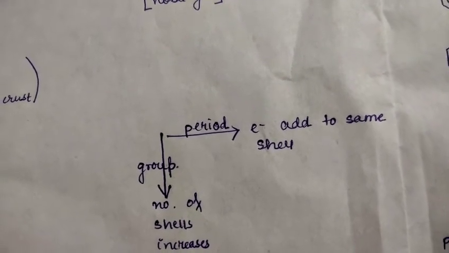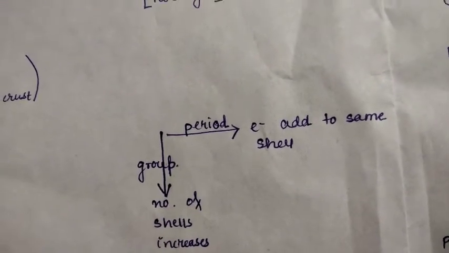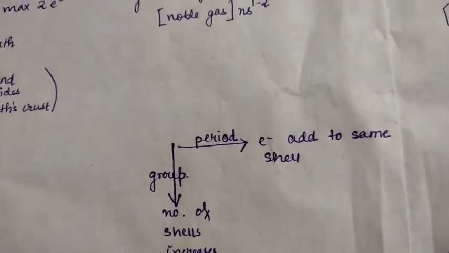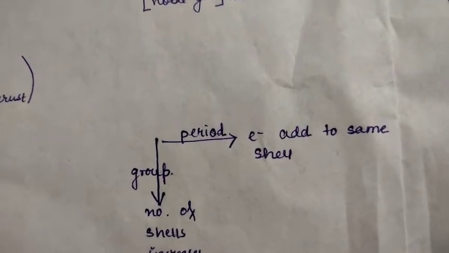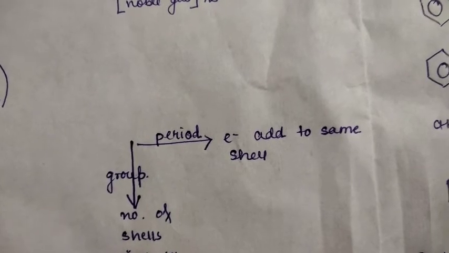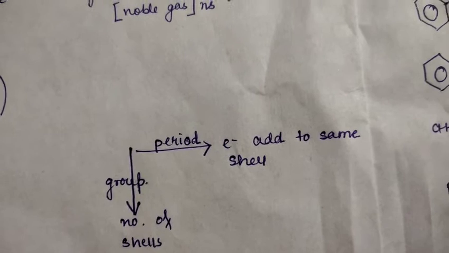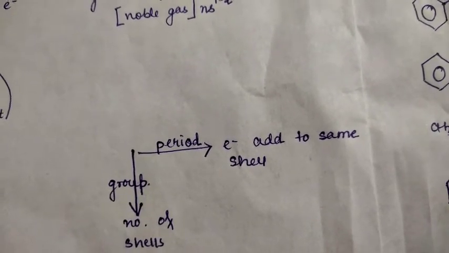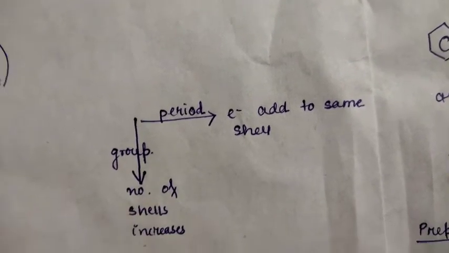Like for P, p orbitals can have a maximum of 6 electrons, and as we go along the period, first of all p1 is possible. For the next element one more electron will be added, so we get p2. At the last p6 will be there, and after p6 no more electrons will enter the p orbital. They have to move on to a new orbital.